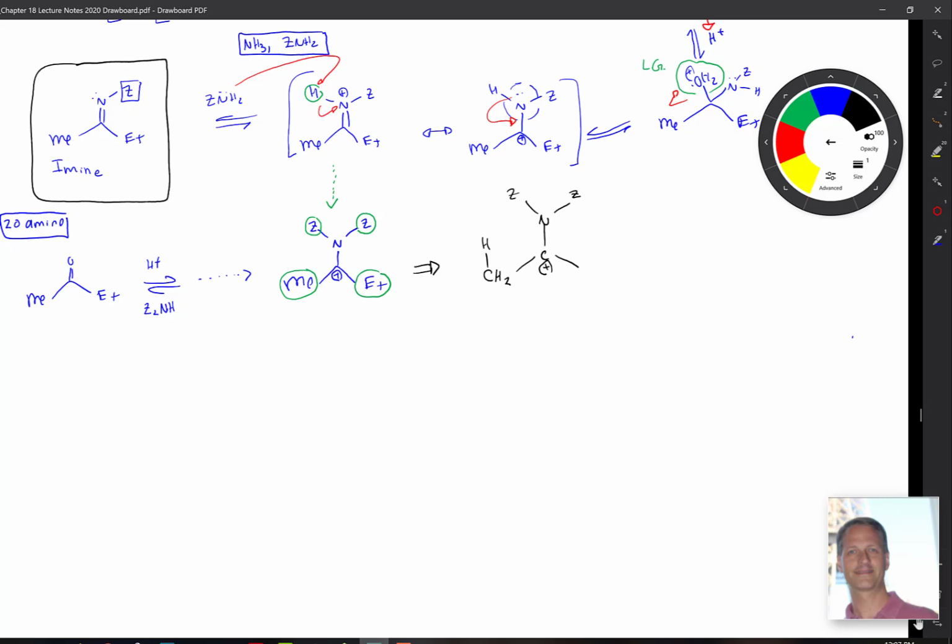Again, in this format you'd have your lone pair on nitrogen, so that's why the positive charge is down there on the carbon. And then on the other side, that's an ethyl, so that's a CH2, so there's another H that could be lost, and a CH3. So both of those H's could be lost, giving us a mixture of different products.